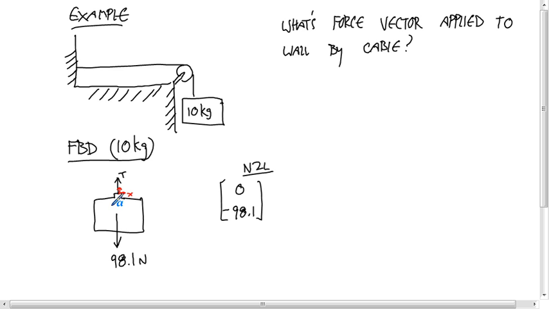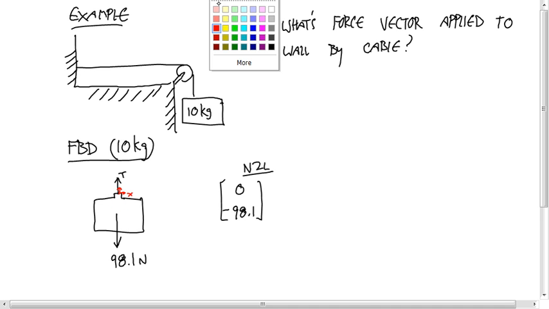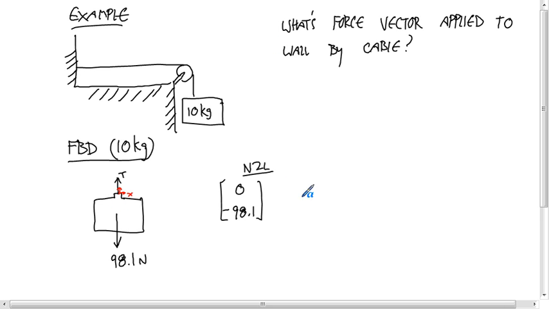Cosine of 90 is 0, sine of 90 is 1, so you get 0, T that way too. So the force vector is 0, T. And then those two added together are equal to the mass, 10 kilograms, times the acceleration. What's the acceleration of that mass? Just hanging there, so it's 0.